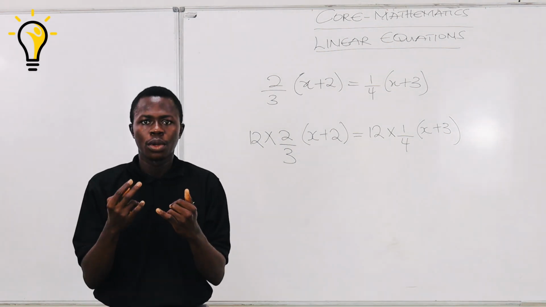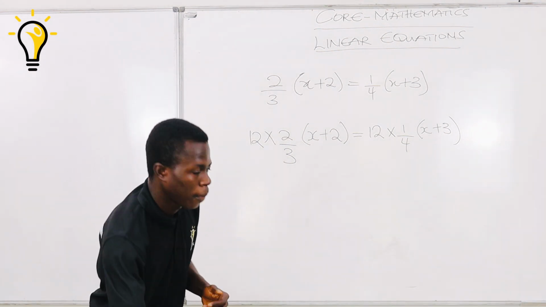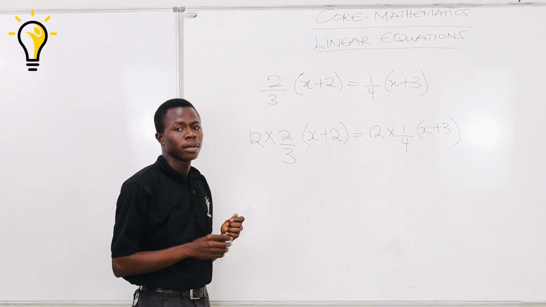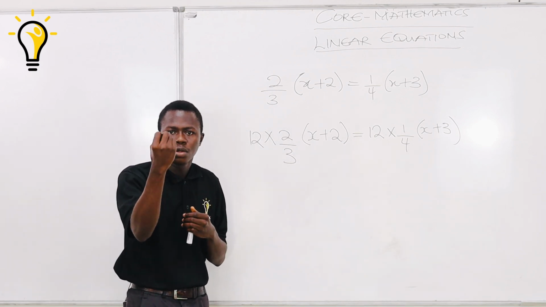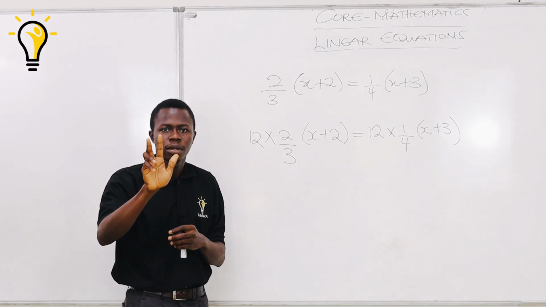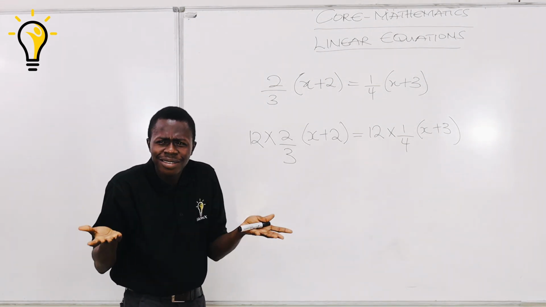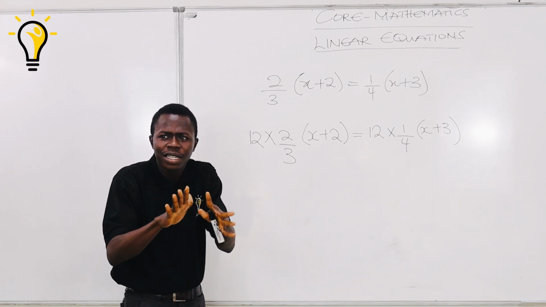Now let's see how the calculation goes. Just look on the board. 12 multiplied by 2 over 3, and when we divide, what answer do we get?